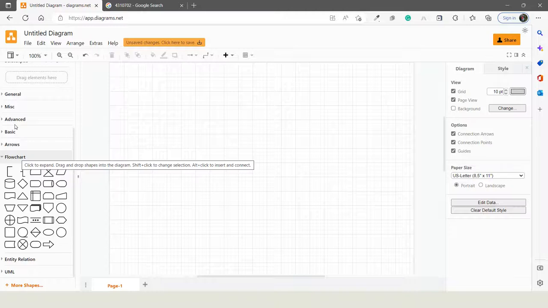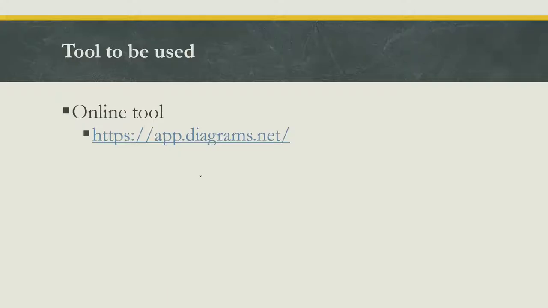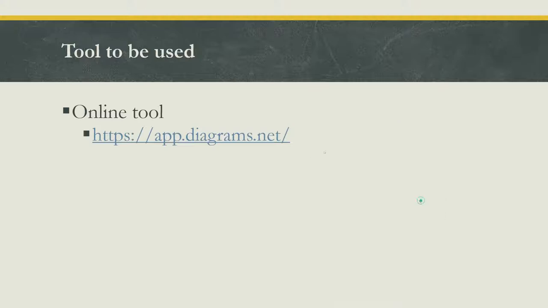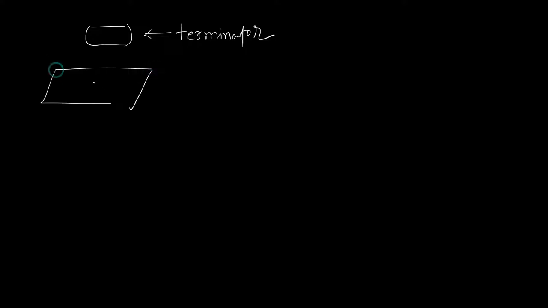So let me quickly revise the symbols of the flowchart. There is one symbol which is the terminator symbol. There is one symbol for input and output.